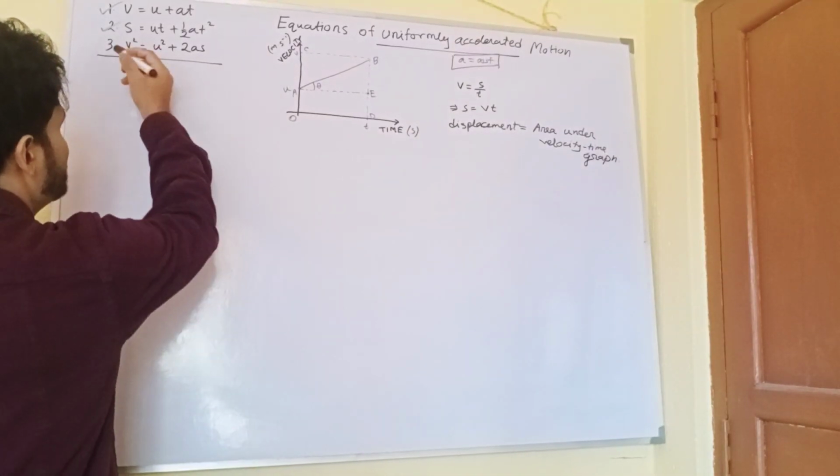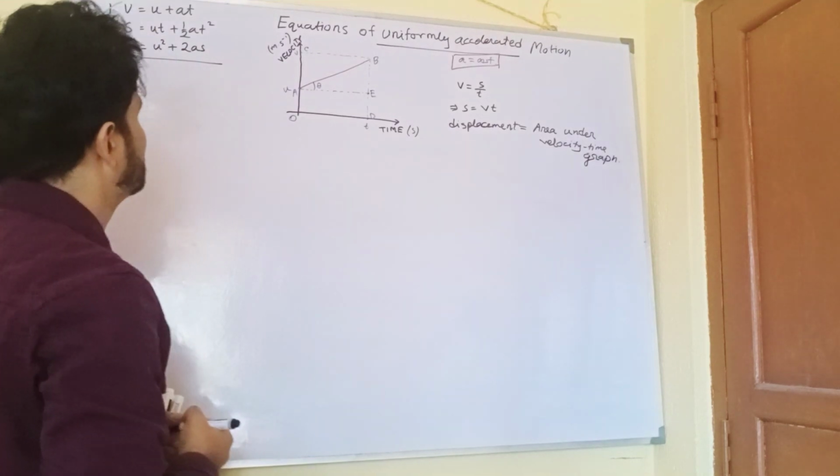Next we have to prove that V square equal to U square plus 2AS.